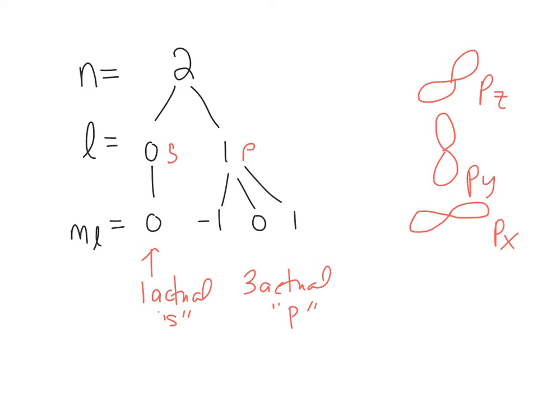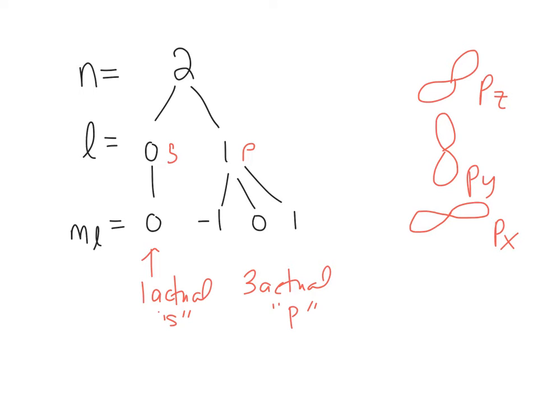So what this is saying is they are orientated along different axes in space. One is along the x-axis, one is along the y, one is along the z. So there's 3 discrete orbitals when we're talking p's. How do you know which one's on X, Y, and Z? You're not going to worry about that.